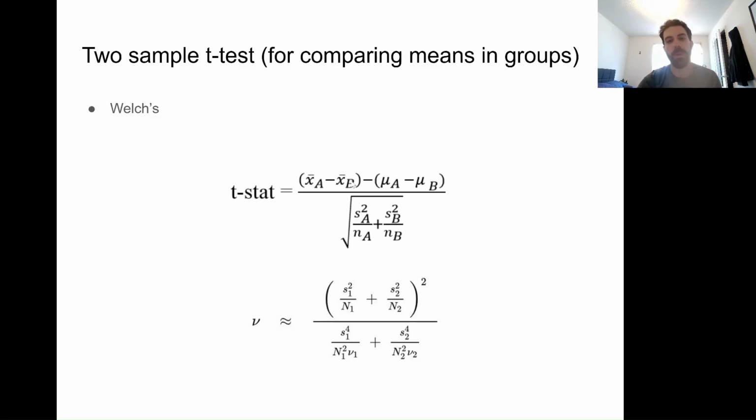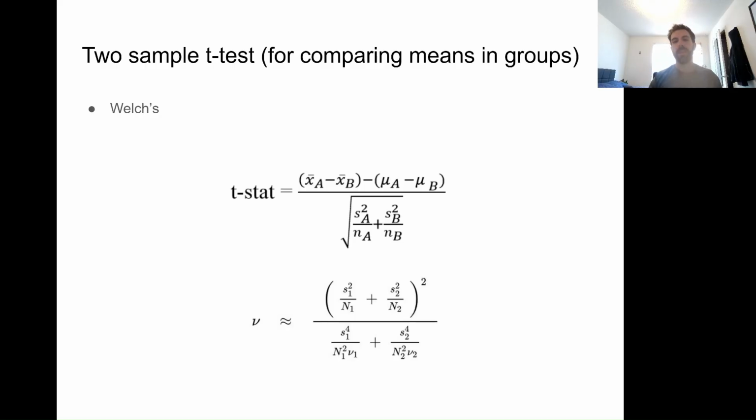This is pretty intuitive as far as where that comes from. The numerator also looks intimidating, but the more you look at it, the less intimidating it becomes. In fact, it probably looks really familiar. Let's just cover up this term right here and look at over here. So if you distribute the square root, you're going to get the standard deviation of group A over the square root of the sample size of group A, which is exactly what we had in our previous t-statistic.